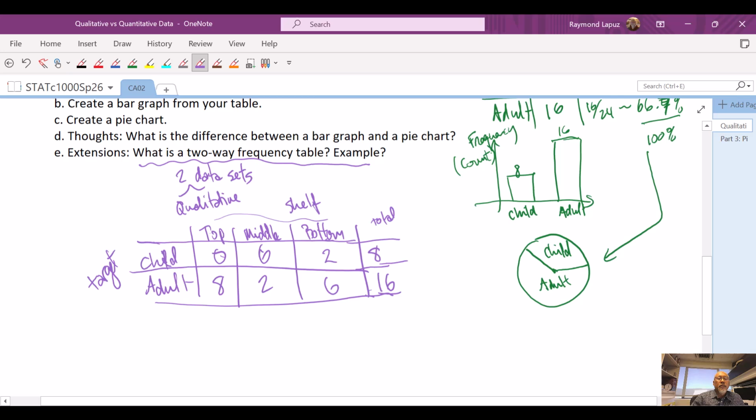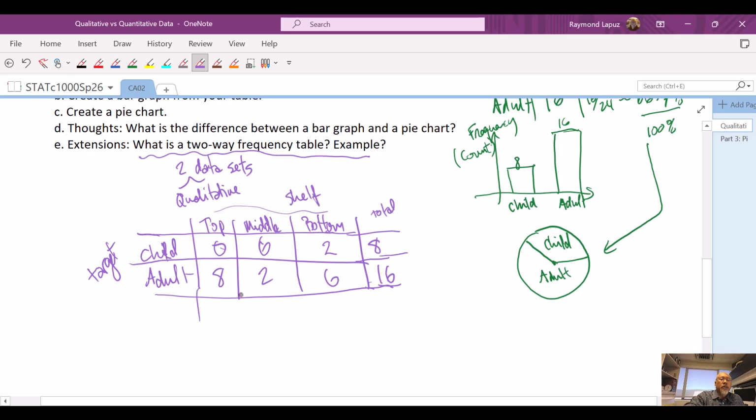And this also gets us to how many cereals are in the top, middle, and the bottom. So if we just add them all up, we have the totals here as well. So that's 8, and this is 8, and then this is 8. So it looks like the data set that they collected has an equal amount of cereals in the top, middle, and the bottom.